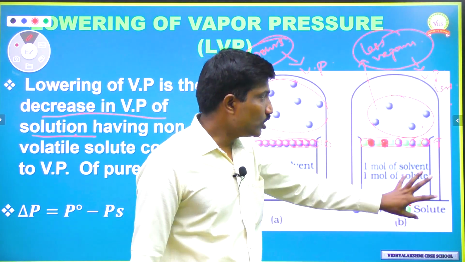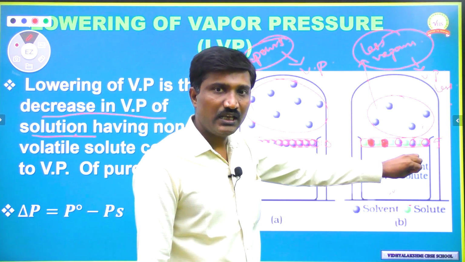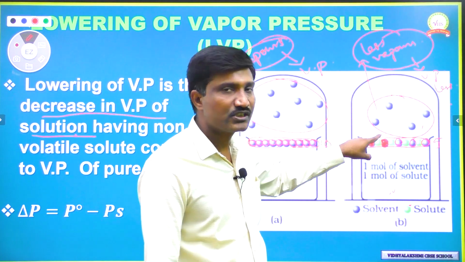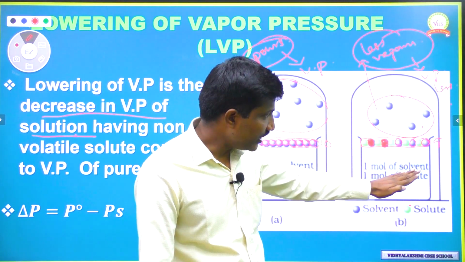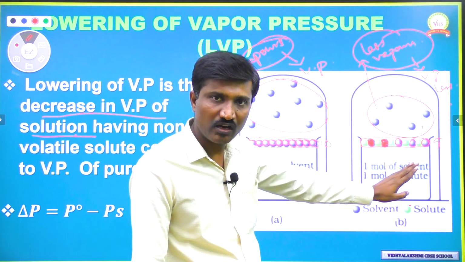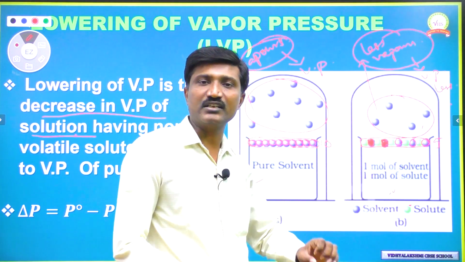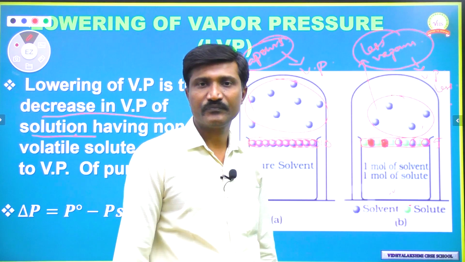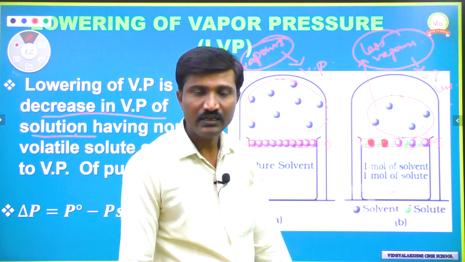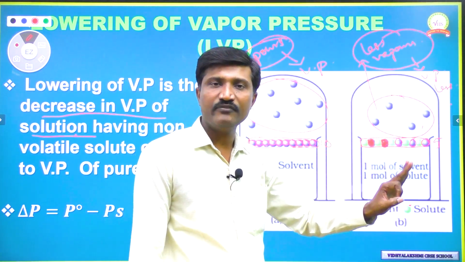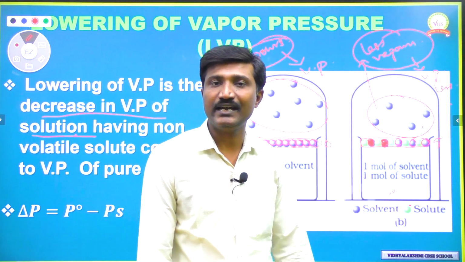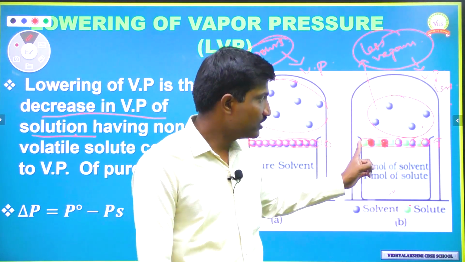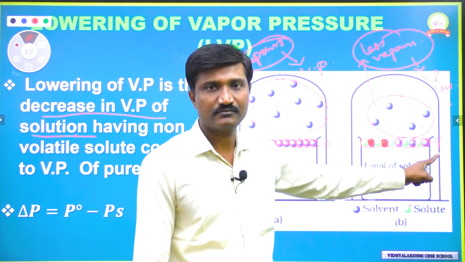That means if the number of solute particles increases, the vapor pressure exerted by the solvent in the solution further decreases. Yes. So the vapor pressure of the solvent in a solution mainly depends on the number of solute particles.